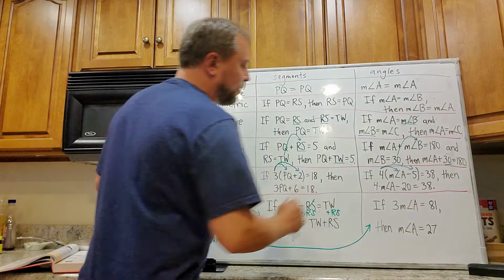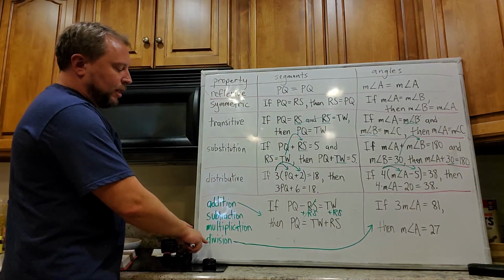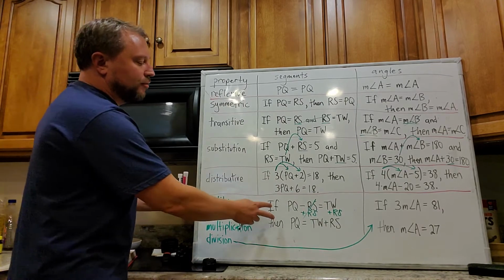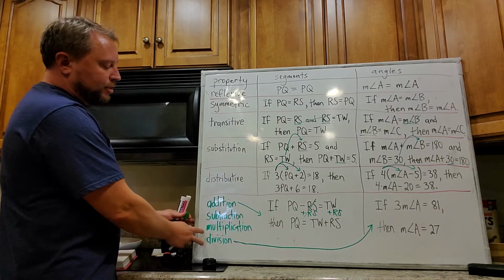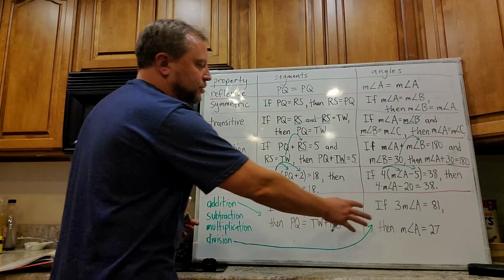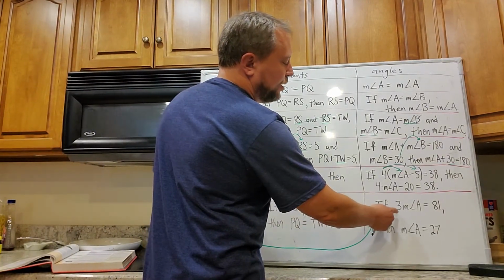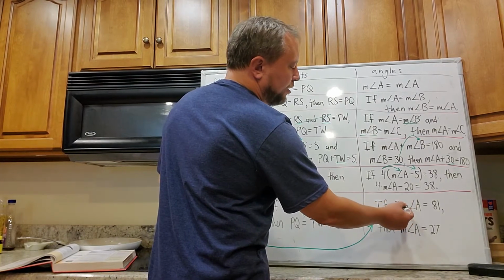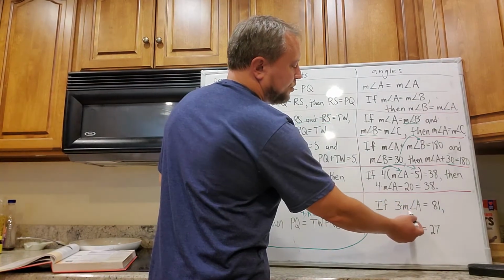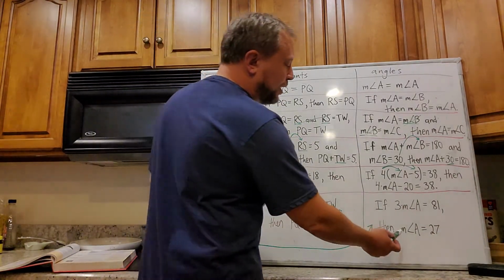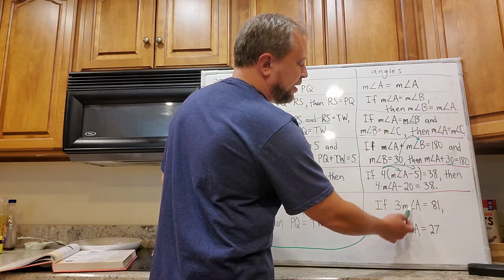Over here, I gave an example of a division property problem. Since addition and subtraction are very closely related, I figured I'd show you one of these two, then multiplication or division over here. So I started out with a problem like this where I know that 3 times the measure of angle A equals 81. I want to get the measure of angle A by itself.